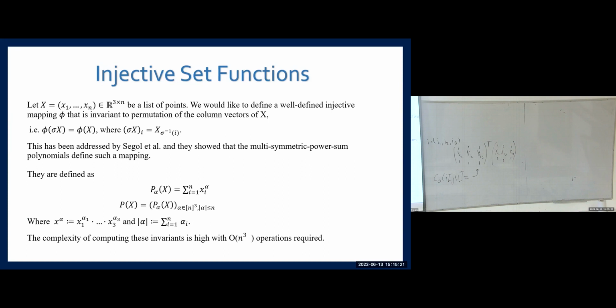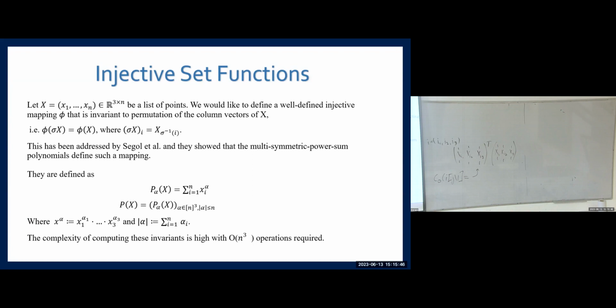And we just look at a huge vector of all of these element-wise multiplications. We get this n^3 long vector, and this constitutes a complete description of point clouds up to permutation. So these are injective embedding functions.